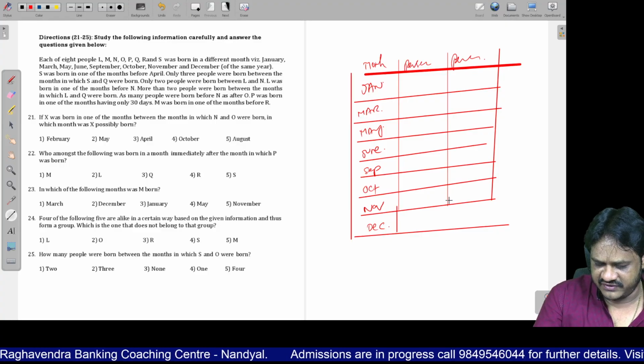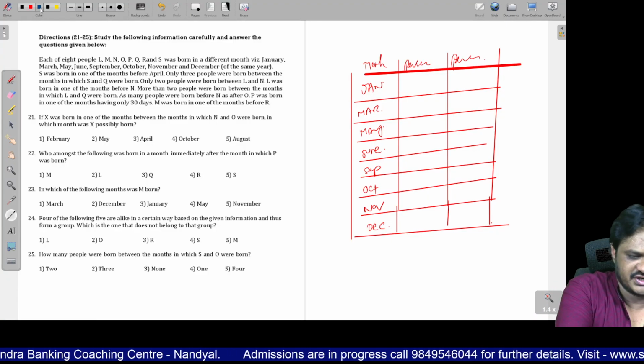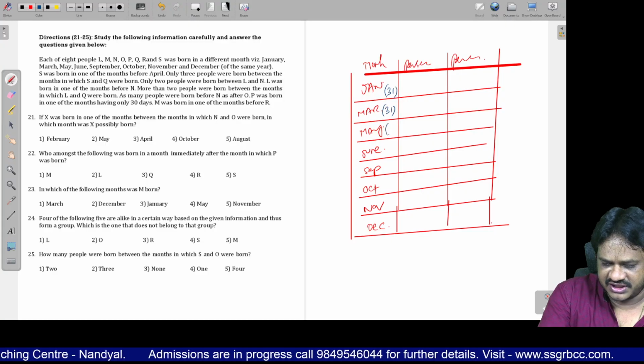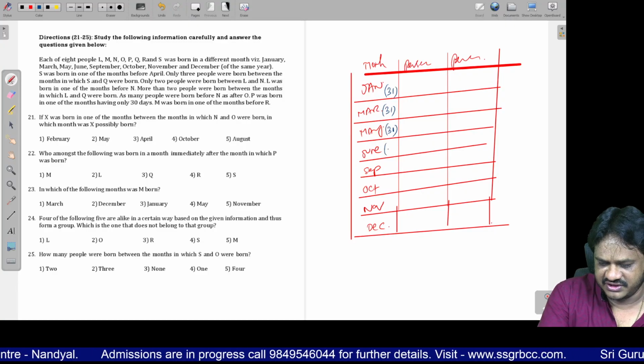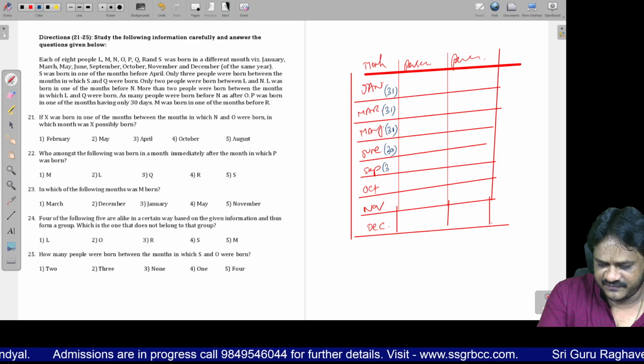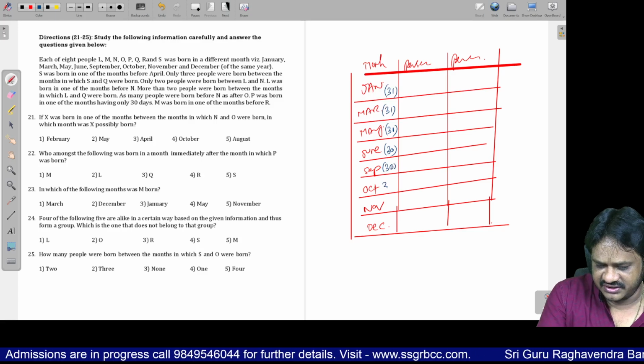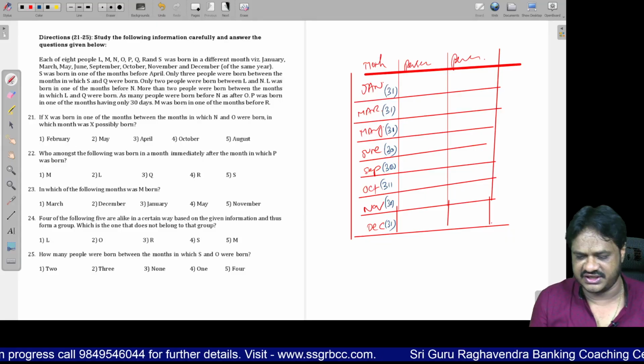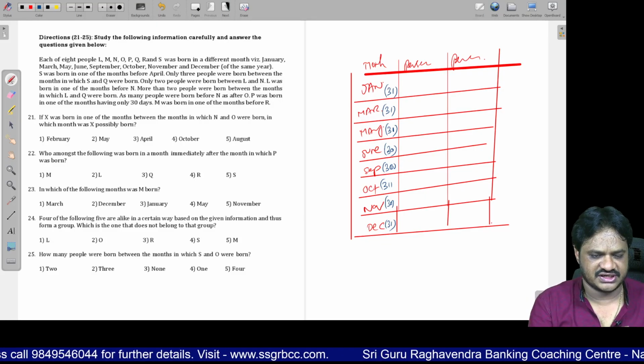So we are having 30 days or 31 days. January is having 31 days, March 31, May 31, June 30, September 30, October 31, November 30, and December is 31 days. Now let us start the puzzle.